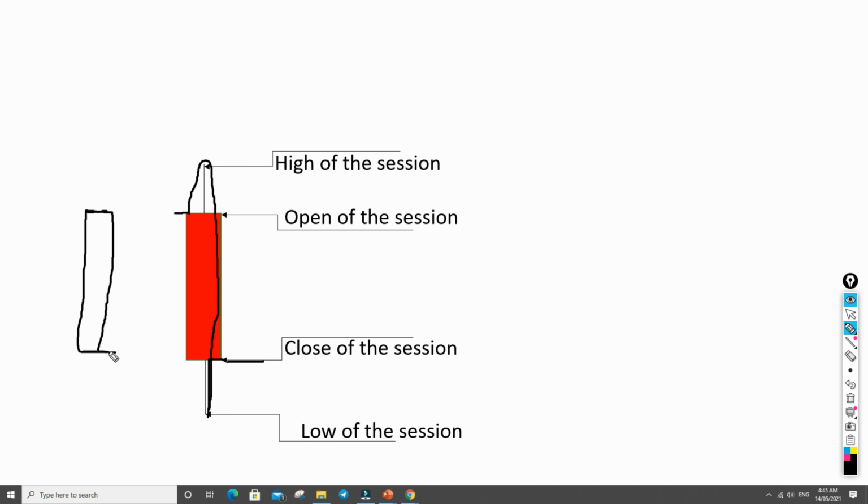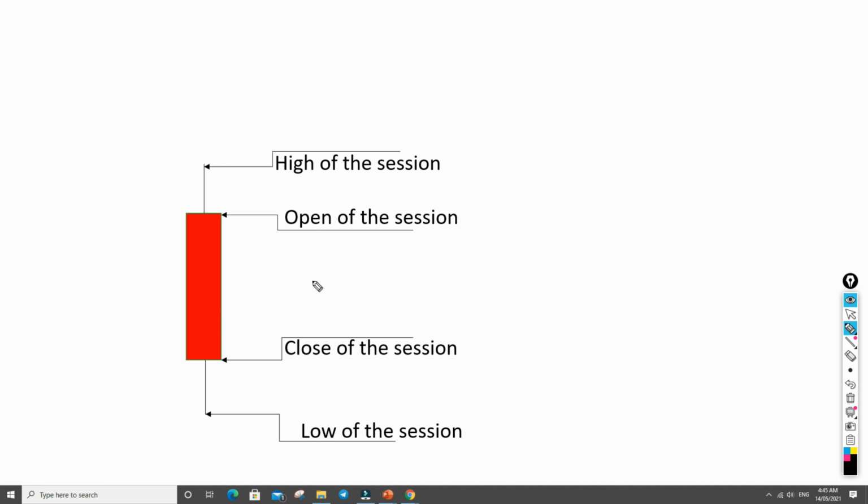But you can choose your own colors. Normally there is a general color theme for these types of movement. Now the price closed here, so this is the close of the session, this is the low of the session, this is the open of the session, and this is the high of the session. This is the visual representation of the move of this candle.